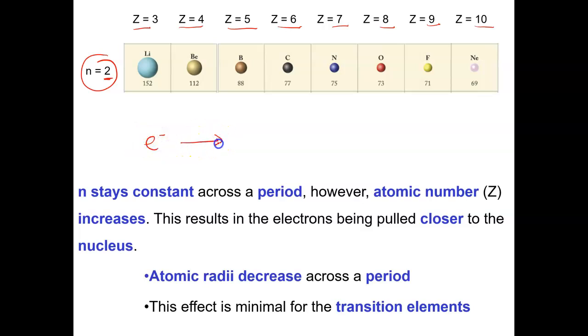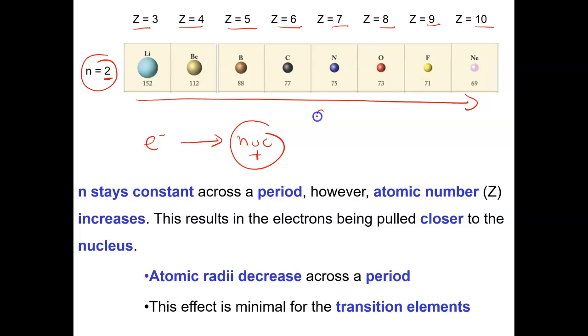This is going to suck those electrons towards the nucleus, which is positively charged. And so what we see as we move across a period is a slight decrease in atomic radii left to right. Now that trend is minimal compared to the up-down trend, but it's definitely present.